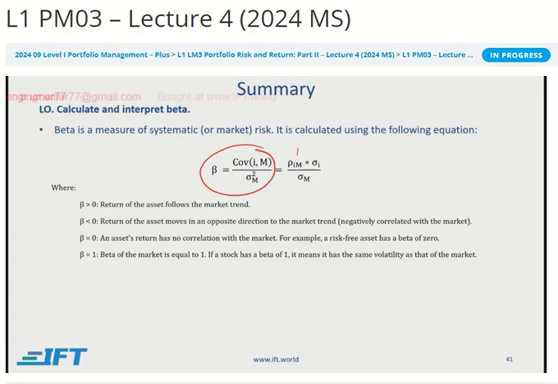Covariance can also be written as correlation times the two standard deviations, one of the stock and the other of the market. In the division, we also have the standard deviation of the market twice because it's variance, but one of these cancels out with the other.